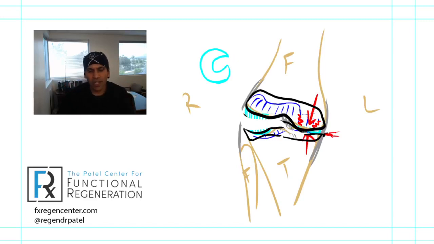So I mentioned before that part of the inflammation that occurs when we get an injury is that the local stem cells come to the area to help navigate through the healing process. The local stem cells that come to the area are in charge of saying, all right, this is how we're supposed to heal, right?